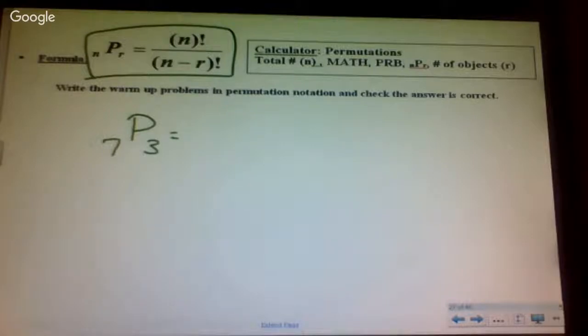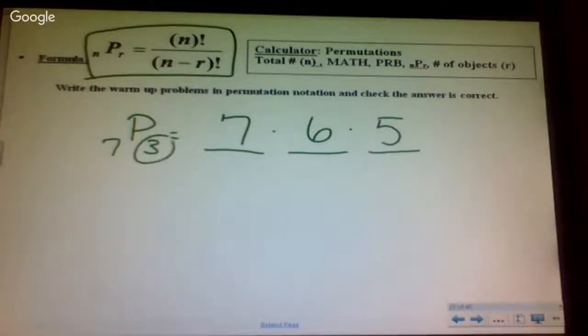So my first spot, I have 7 people to choose from. The second spot I have 6, and the third spot I have 5. I would stop there because I'm only filling 3 positions. That's what that means. So I have 7 people to start with, and I'm only filling 3 positions. So we start at 7, it goes to 6 and 5.